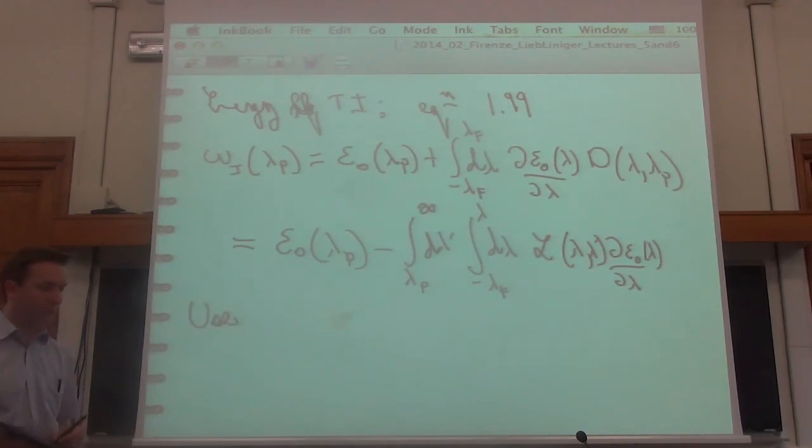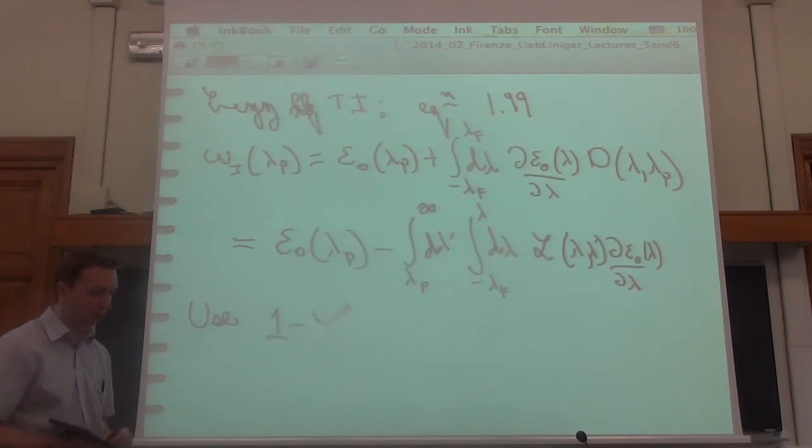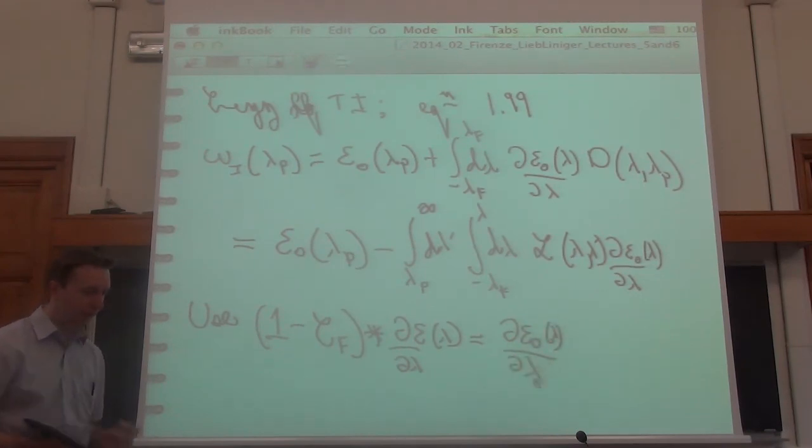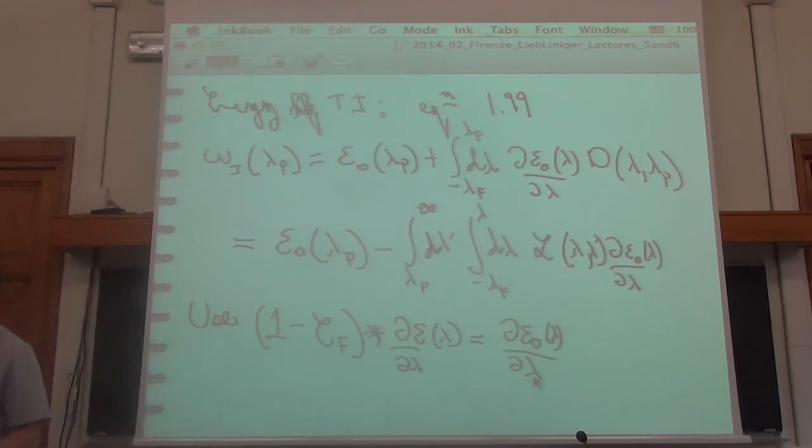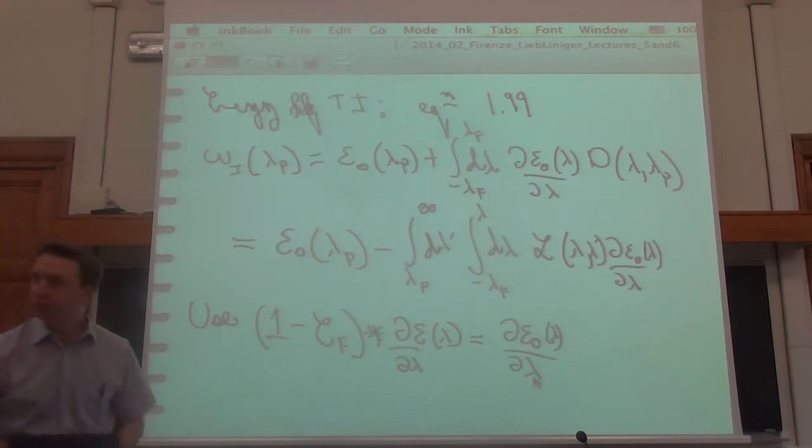Now what we can do is use the following equation. 1 minus the kernel CF starred into d epsilon d lambda is equal to d epsilon 0 of lambda d lambda. Okay? This is a simple consequence of the Yang equation for epsilon by simply taking a derivative with respect to lambda and using the fact that the kernels vanish at infinity. Okay?